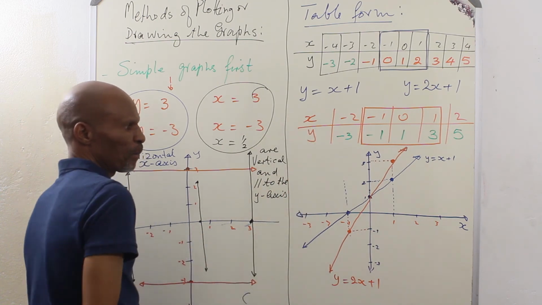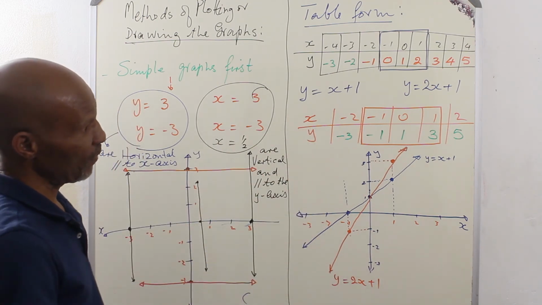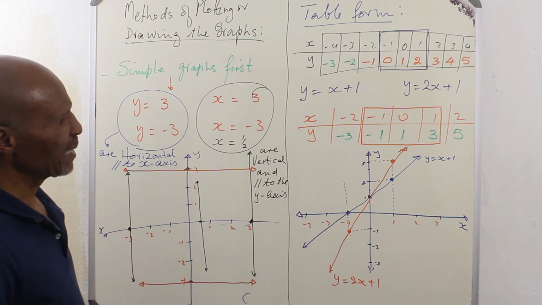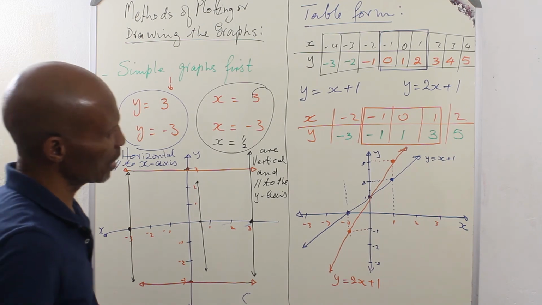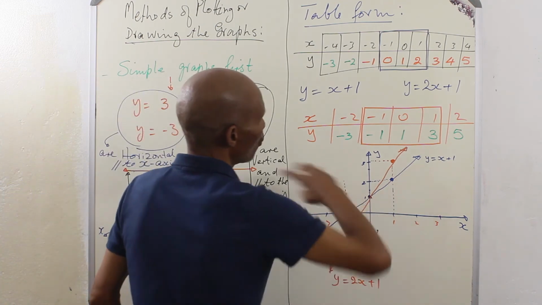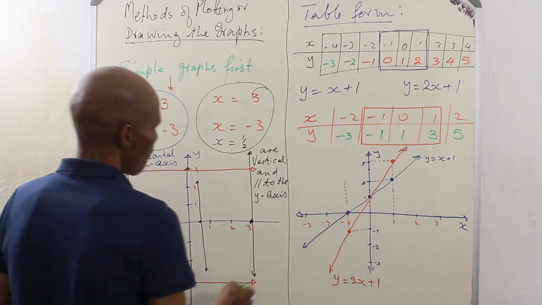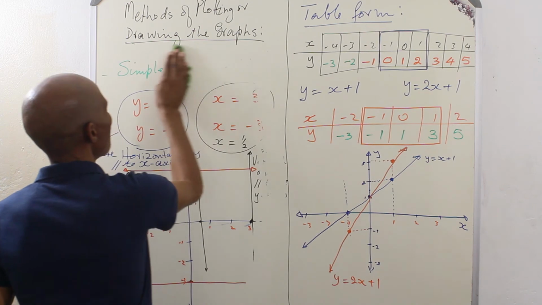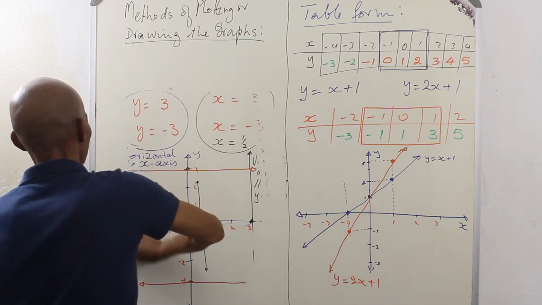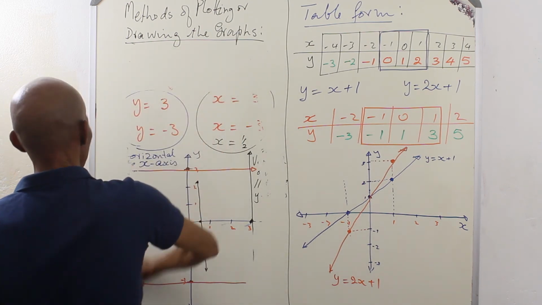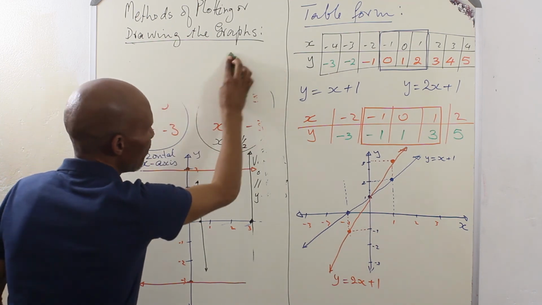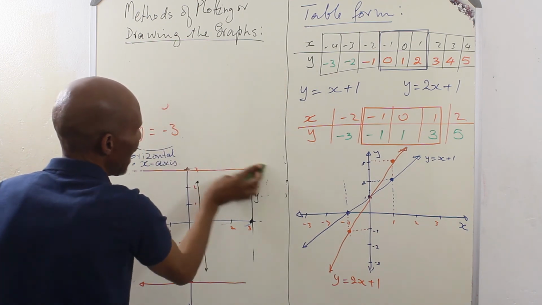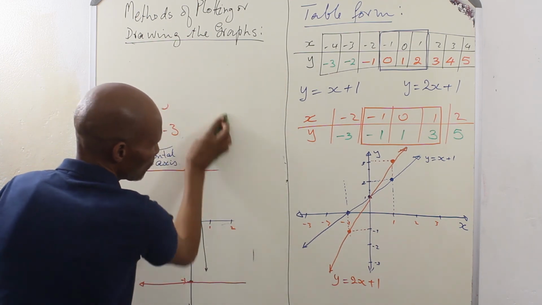Do you see what happens? Now I want to show you that for orange and blue, all these points form part of the graph. All these points form part of the graph.